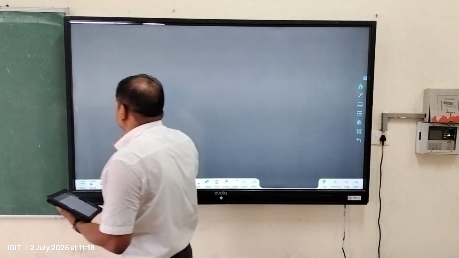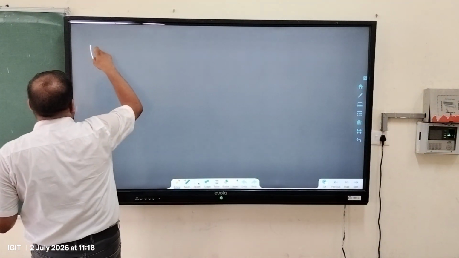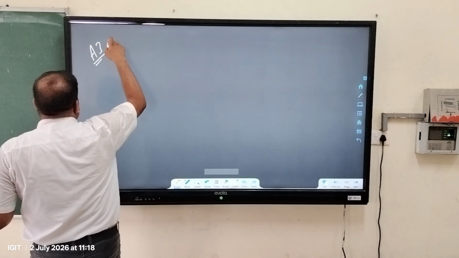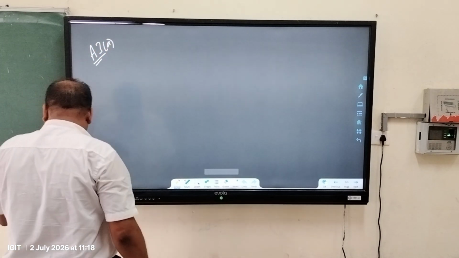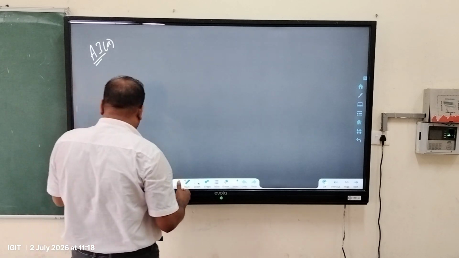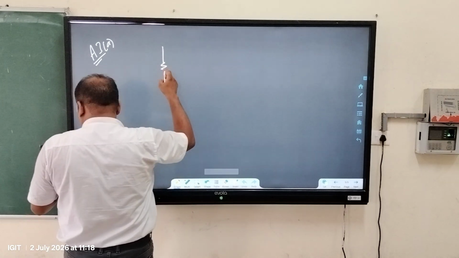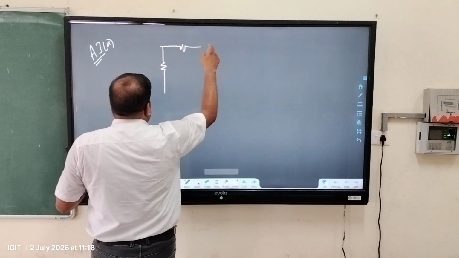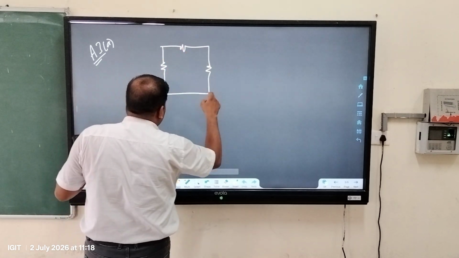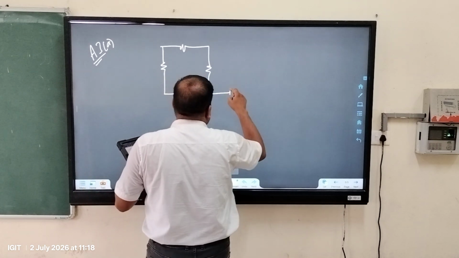Okay, next we go for question 3A. What is the examiner asking? It is an equivalent resistance. Okay, so there are 3 resistors like this, and another 3 resistors over here.